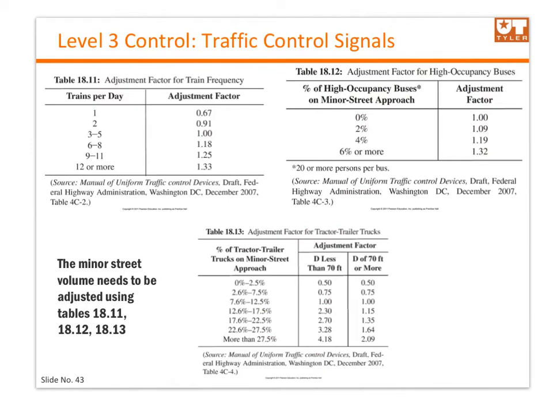If I have more than this, for example, if I have more than 27.5% of the traffic as tractor trailers, then I have to multiply the volumes of the minor street by the correction factor. Depending on the D, if the D is less than 70 feet, the correction factor is going to be 4.18. If the D is 70 feet or more, then the correction factor is going to be 2.09.